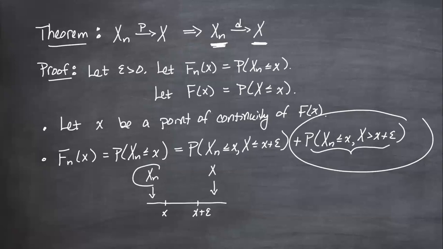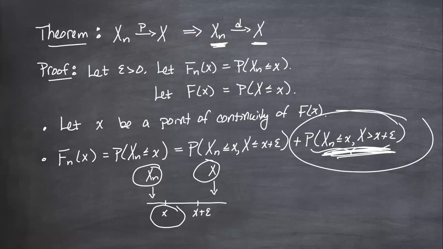So this implies that X_n and X are more than epsilon apart. It's more specific than that. It is talking about how things are positioned with relation to this little x. But if this event happens, I can definitely say that X_n and X are more than epsilon apart. But if X_n and X are more than epsilon apart, I don't necessarily have this event happening.